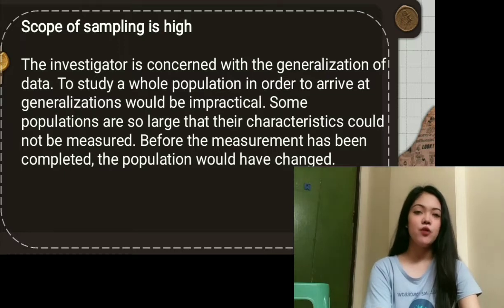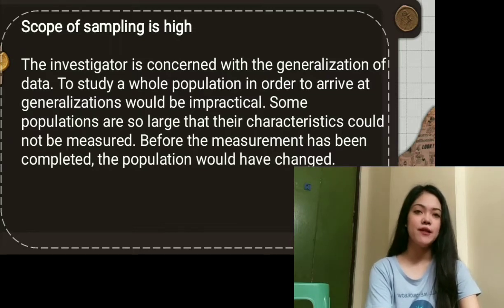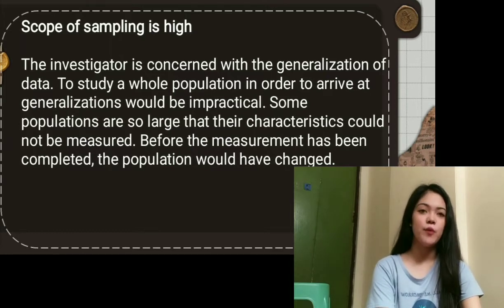So, dahil malaki yung scope ng population, hindi lahat ng data ay naisasama or na-measured. Dahil dito, nagkakaroon ng invalid information, which is critical kasi nagkakaroon ng conflict pagdating sa result once na nagre-record tayo ng data. And besides, pwede ring mabias yung research mo.